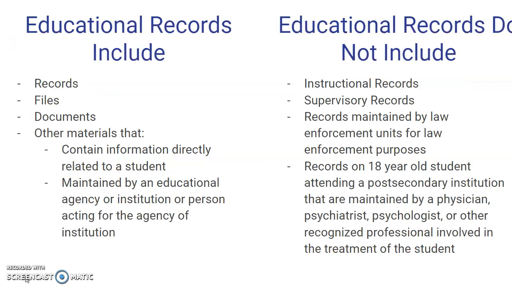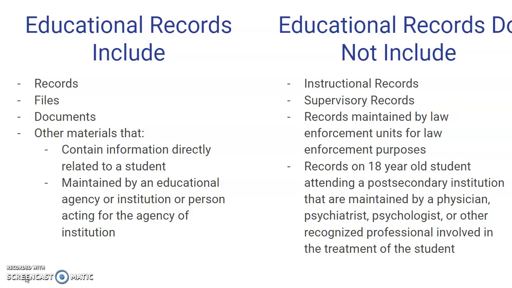Okay, so here's a little more clarification about what educational records include and what they do not include. They do include records, files, documents, and other materials that may contain information directly related to a student and maintained by an educational agency or institution or a person acting for the agency or institution.